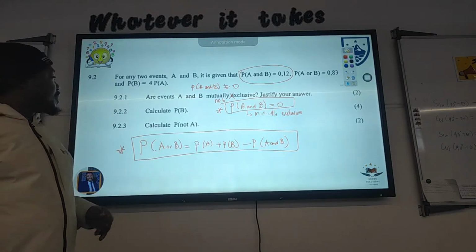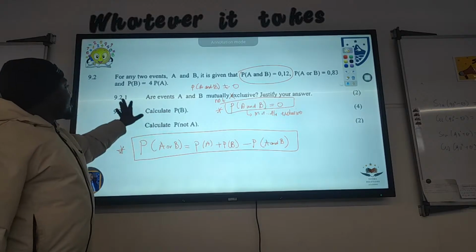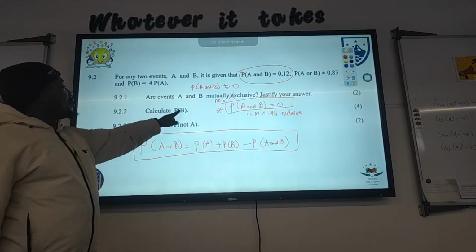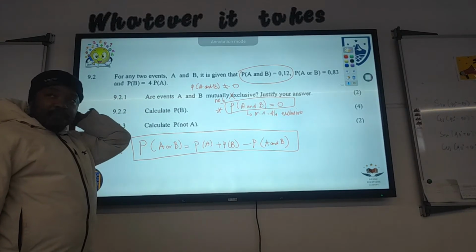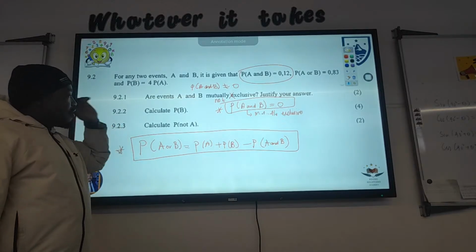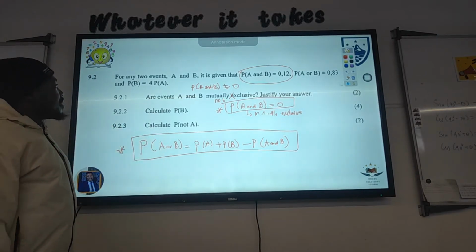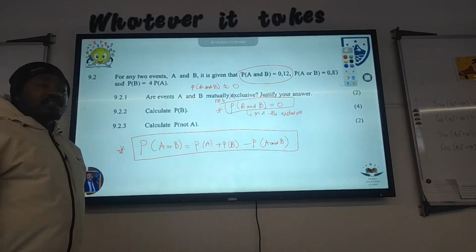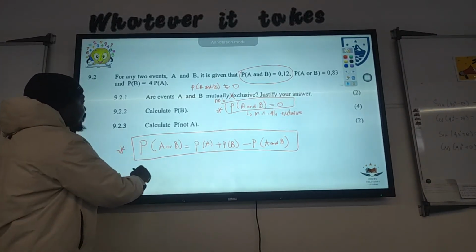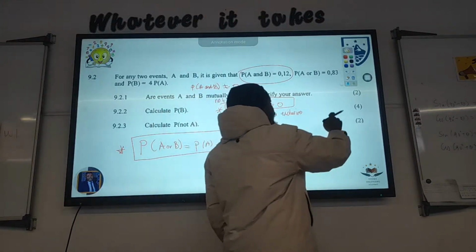Good. And then if they say now calculate the probability of event B happening, from the formula that we have, we're going to substitute using that formula. Let me use blue in terms of values.